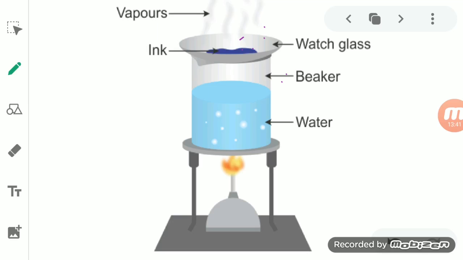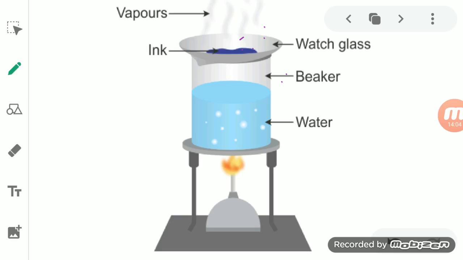It will get burnt, you can say. So we will not obtain the color component, and we cannot separate the component of the ink from the water. That's why we will heat the ink indirectly, with the help of steam.